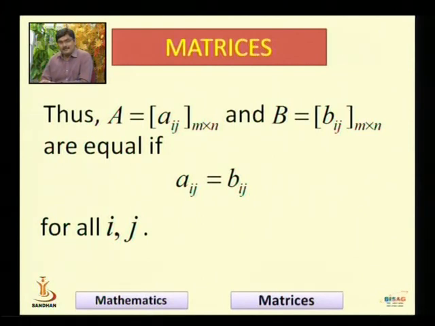Both of them are m by n matrices, so their orders are the same, and corresponding entries are equal, that means the ij entry of matrix A, that is small aij, is equal to the ij entry of matrix B, which is bij. This holds for all i and j, as I keep repeating, where values of i range from 1 to m and values of j range from 1 to n. So, now we know how to compare two matrices.